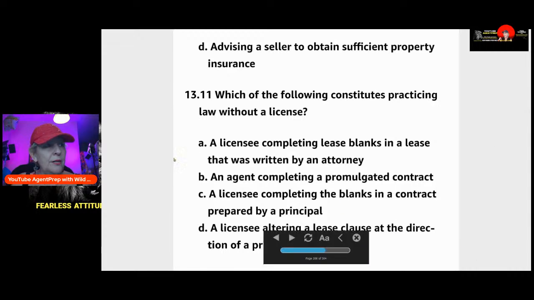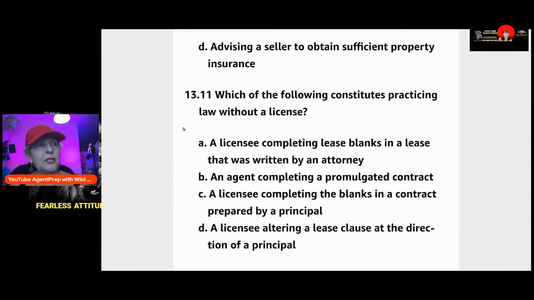All right, number 11. Which of the following constitutes practicing law without a license? Which one would cause us to be penalized for practicing law without a license? In this case, it's a legal license, without being an attorney.